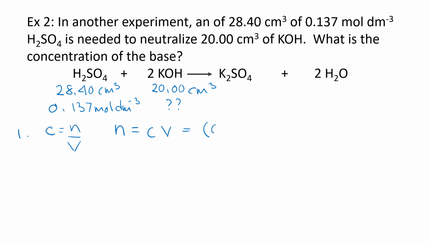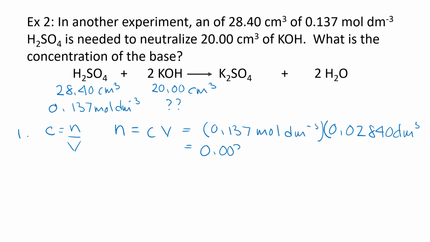So my C, 0.137 moles per cubic decimeter, and my V, 0.02840 decimeters cubed. That equals 0.003891 moles, and that's of H2SO4.